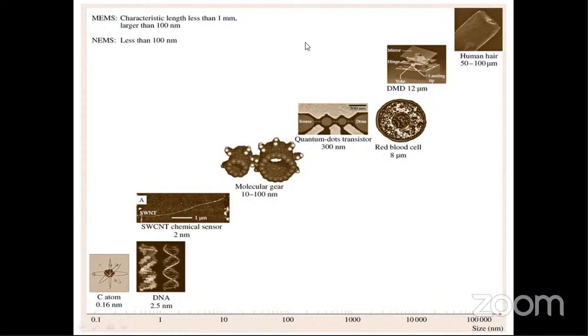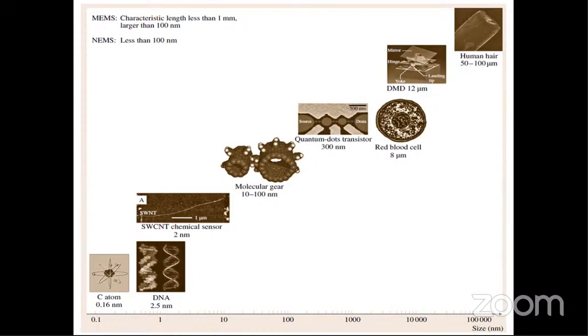Could anybody tell me how many nanometers we have in one micron? Okay, we have 1,000 nanometers in 1 micron. So here we have a red blood cell, which is 8 microns.